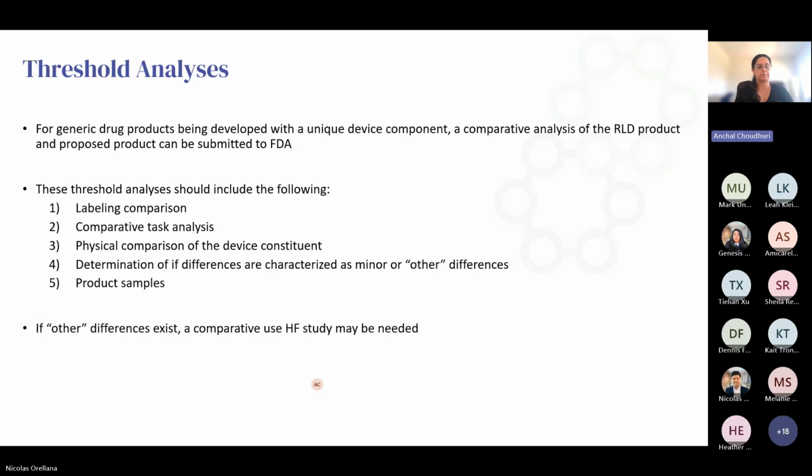So this is where you will want to make your own assessment of whether there's any physical differences between the proposed product and the RLD. And you'll also need to submit product samples to FDA so that FDA can make their own assessment. And then the determination of differences.